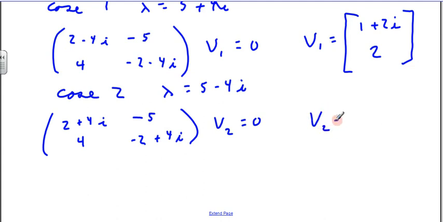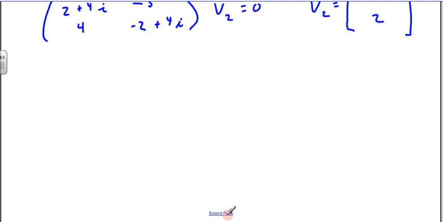So we look at that a long time, and we see if I had 1 minus 2i and a 2, then the same thing's going to happen. I'm going to get 0. So those are my 2 vectors.